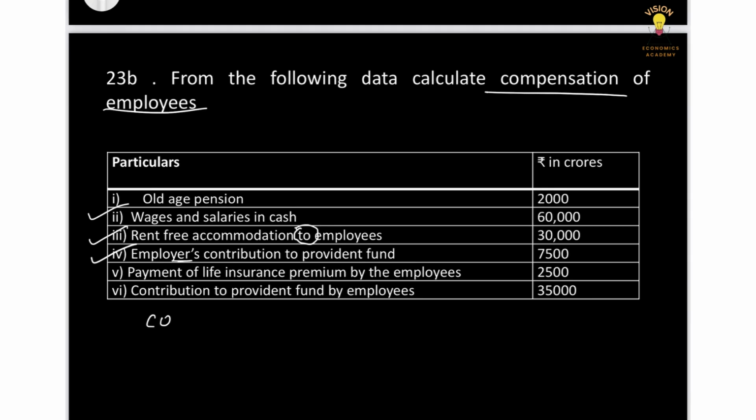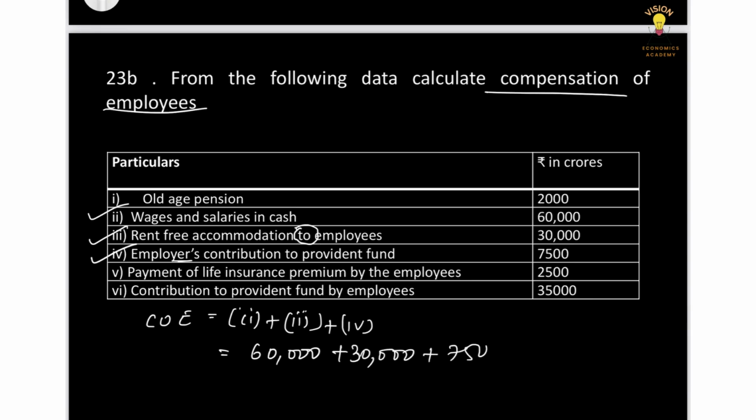So compensation of employees equals 2 plus 3 plus 4. The value of 2 is 60,000 plus 3 is 30,000 plus 7,500, which will give us 97,500 crores.